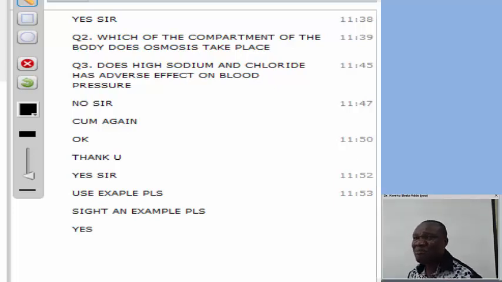There is another method which we can use in measuring blood volume as well. This is the hematocrit method. The hematocrit is the percentage or fraction of total blood made up of red blood cells.